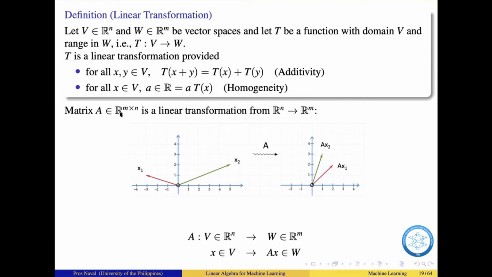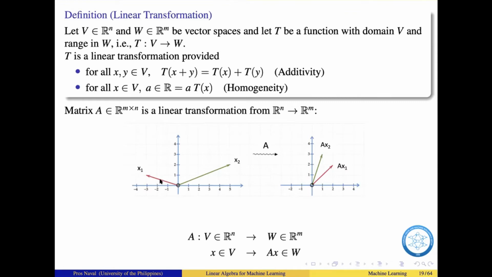So matrix A, an m by n dimensional matrix, is a linear transformation from Rn to Rm. Here m and n are the same, they're both equal to 2. This is how it looks. So you have two vectors, x1.